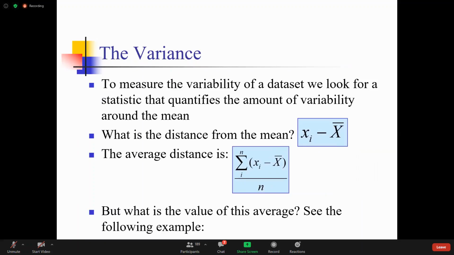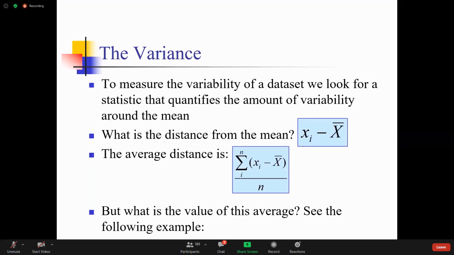Okay? So how do we get to measure the variability? We know the concept of average. What is an average? We are getting one number to represent a data set. So if for a data set I say the average is 50, I'm telling you that this data set is represented by one number, which is 50.